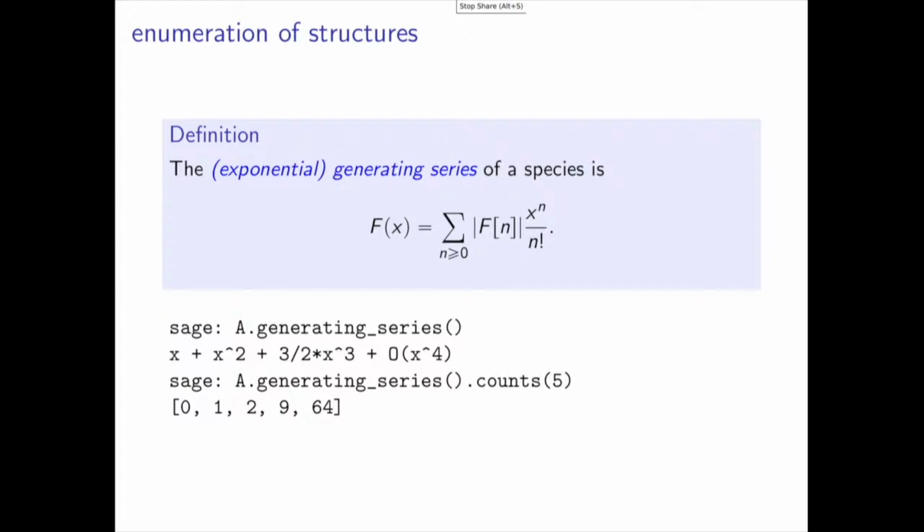And of course, this is also implemented. For example, for the set of trees we just defined, we get x plus x squared and so on. The number of structures is 1, then we have 2 because we have to multiply by 2 factorial, then we have 9 and so on, so it's n to the power of n.